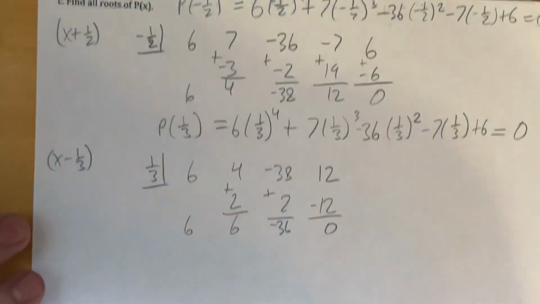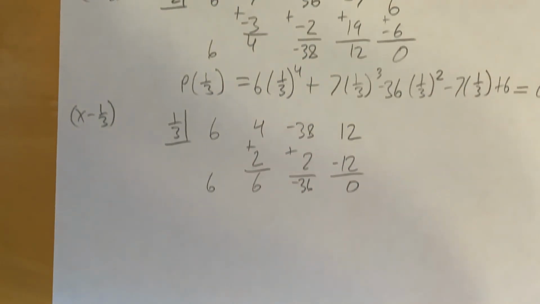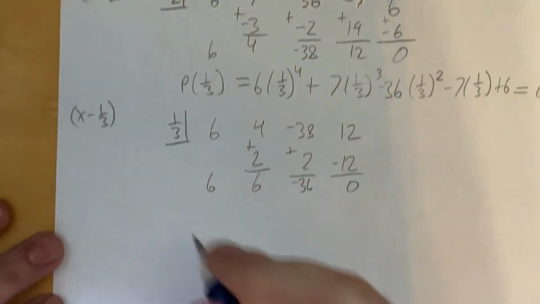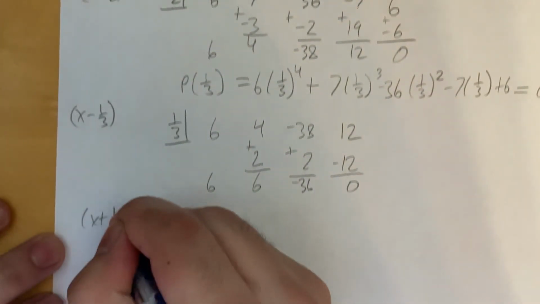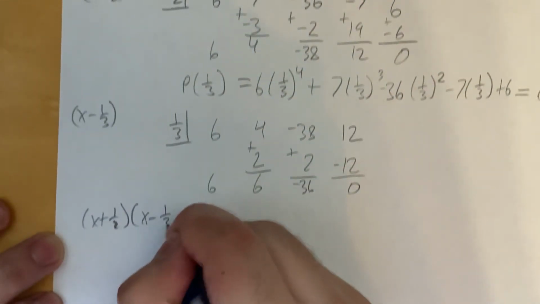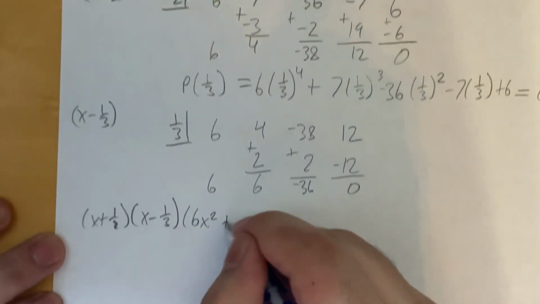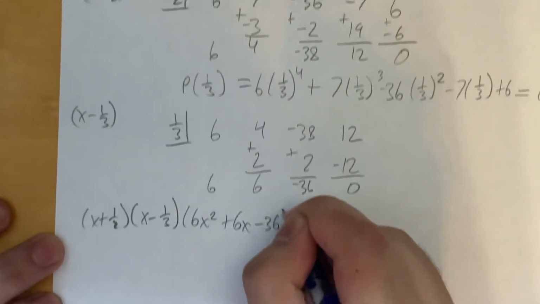So let's put it into the linear and quadratic factor form. So I'm going to do x plus 1/2 times x minus 1/3 times 6x squared plus 6x minus 36.